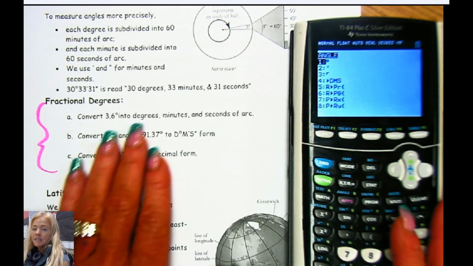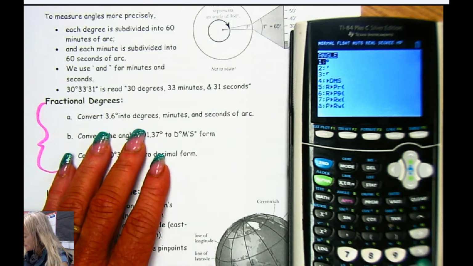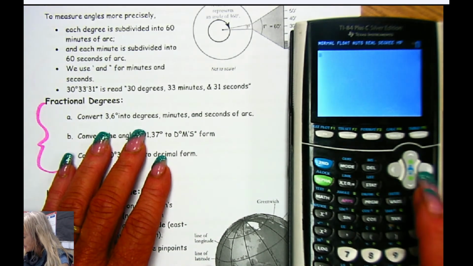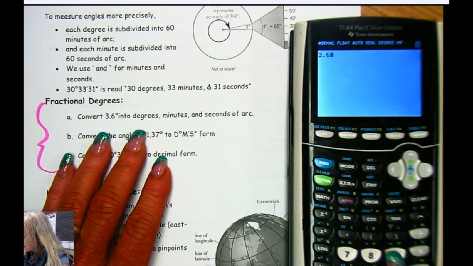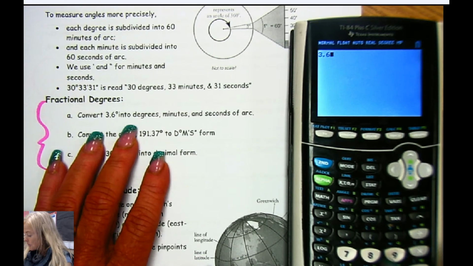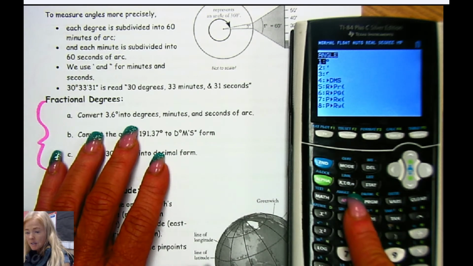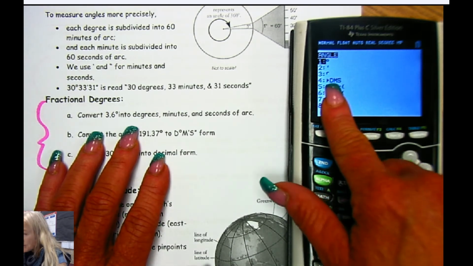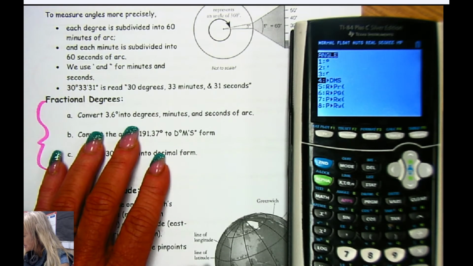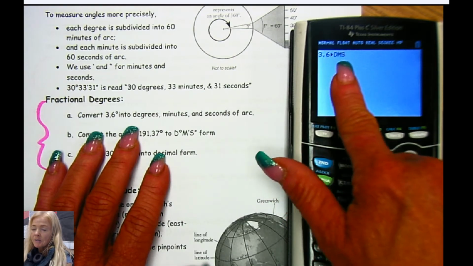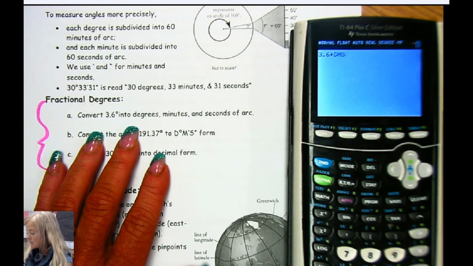If I'm converting to degrees, minutes, seconds, I'm going to type in 3.6 first. So 3.6, and that's degrees, and I want to convert to DMS. I'm going to go into my angle menu, so second angle, and then go down to 4, my DMS, and hit enter. See how it gives you the 3.6 into DMS, and you say enter again.